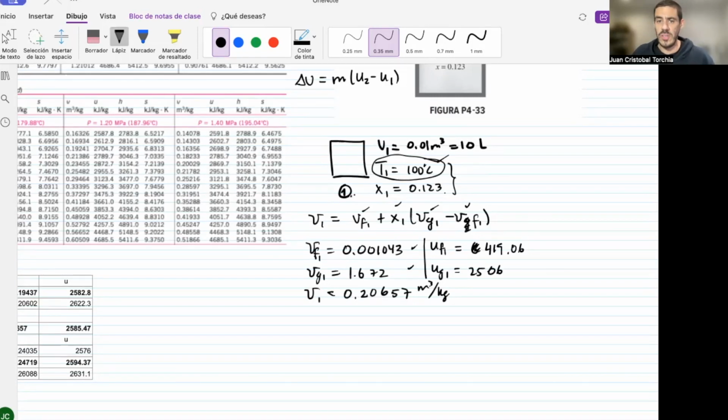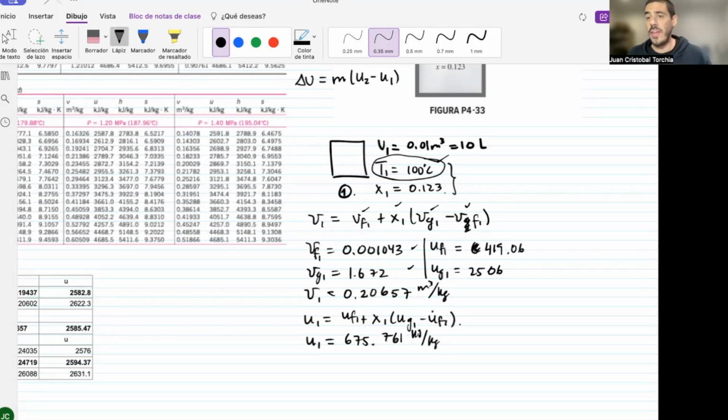I'm going to use them in this equation: U1 equals uf1 plus x1 multiplied by ug1 minus uf1. You have everything in order to get this, and therefore U1, using your calculator, is 675.761 kilojoules per kilogram. So everything is known for the initial state.